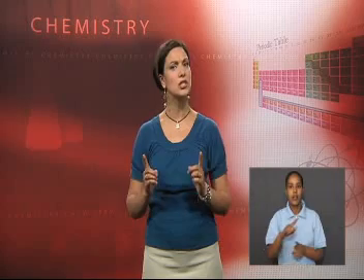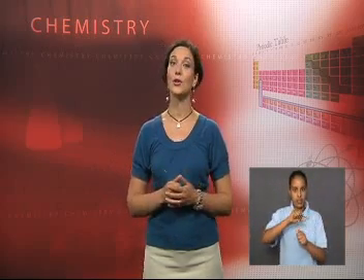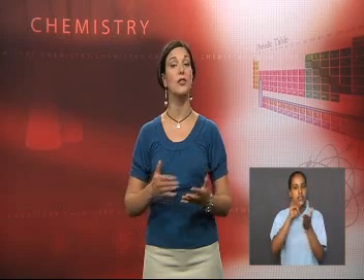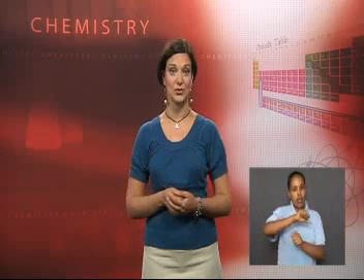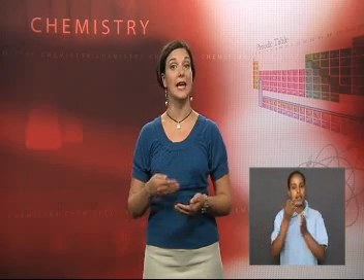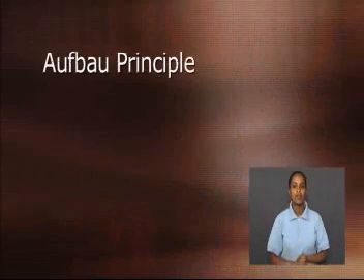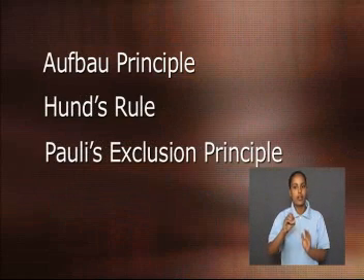There are several questions that arise when we begin to explore the electron configuration of atoms. In order to answer these questions, we must be aware of some basic principles that govern the distribution of electrons among atomic orbitals. The following three principles explain the electron configuration for any atom: the Aufbau principle, Hund's rule, and the Pauli exclusion principle.